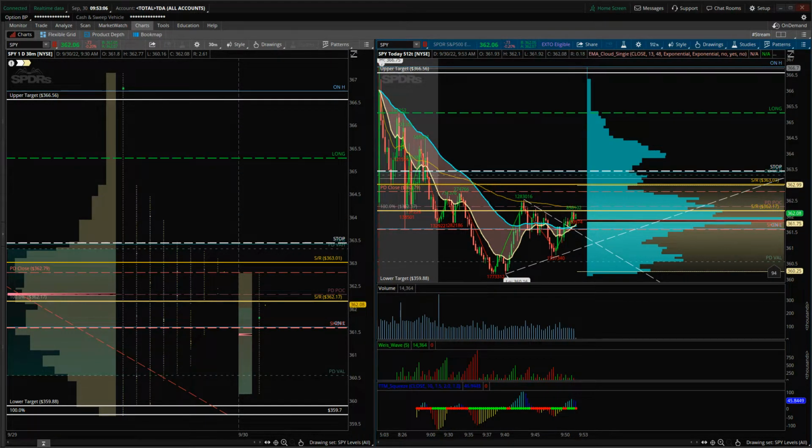EMA is still condensing, showing us that activity is garbage.